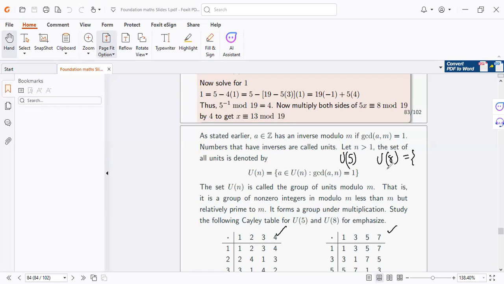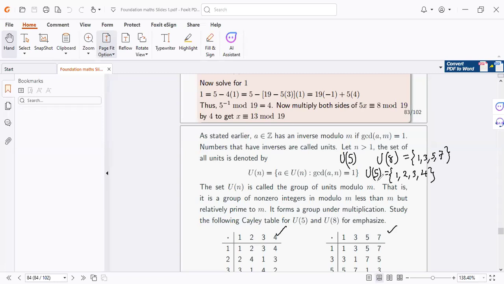Elements which are relatively prime to 8 are 1, 3, 5, and 7. You multiply them mod 8. And then in this other table, the Cayley table, we'll be multiplying elements of U5. Those which are relatively prime to 5 are 1, 2, 3, and 4.